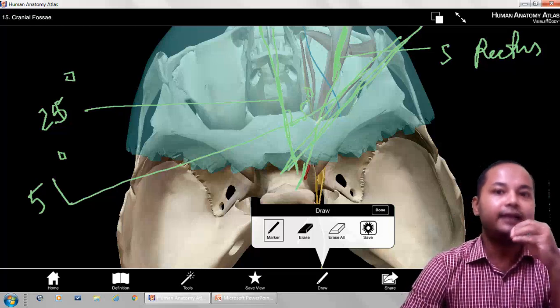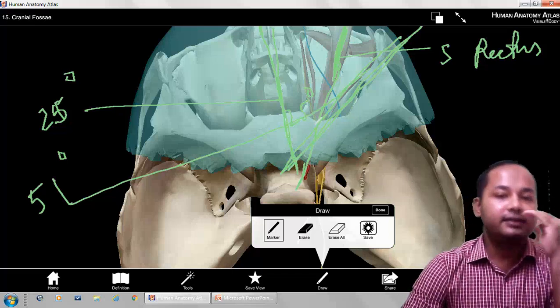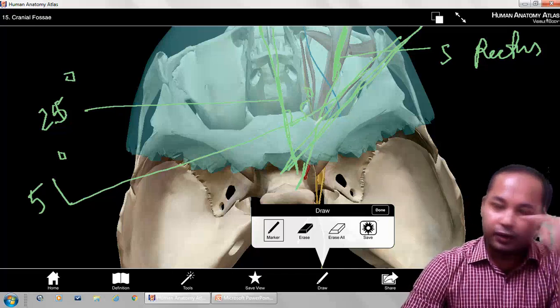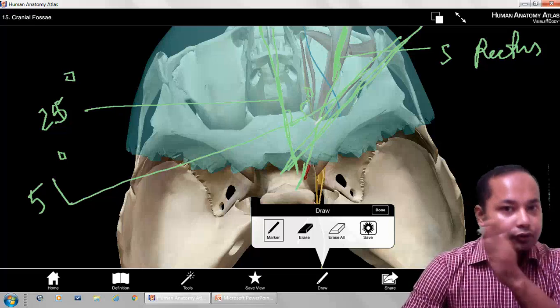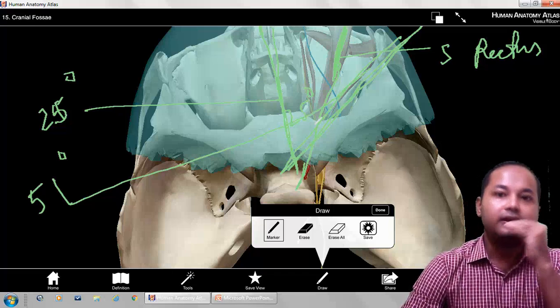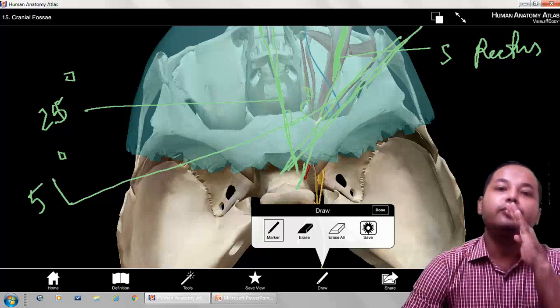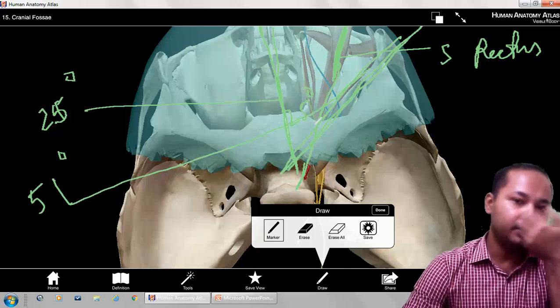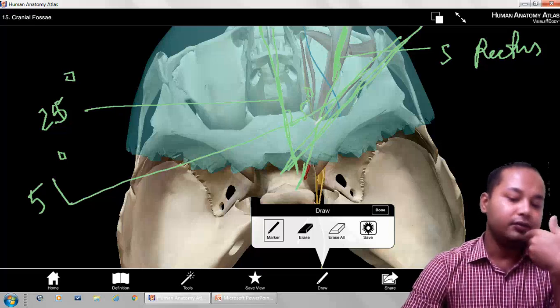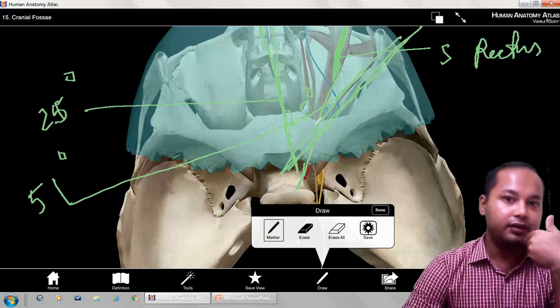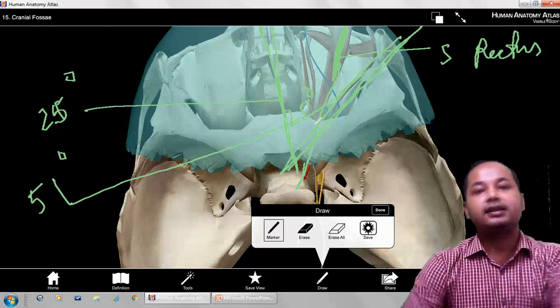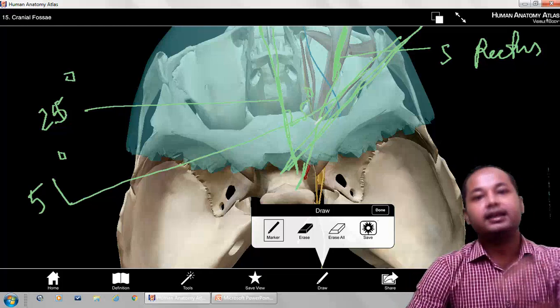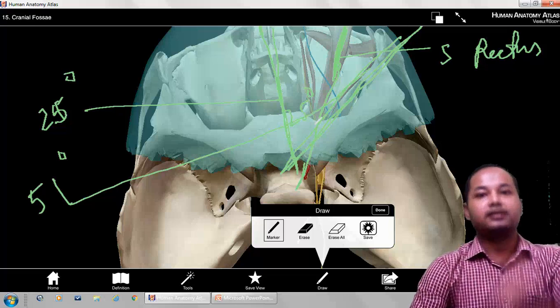It is not simple like the medial and lateral recti, which are attached to the eyeball in a simple horizontal plane, so that the action of the muscle moves the eyeball simply horizontally. The upward movement, lower movement, the gaze towards the nasal side in the inferior quadrant, the inferomedial quadrant, the superolateral quadrant, these movements are possible because these other muscles are not in a simple sagittal or horizontal plane.